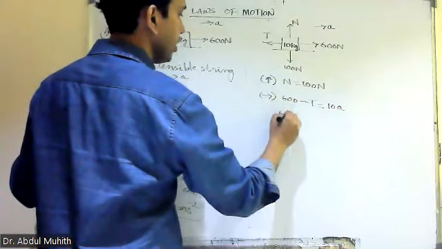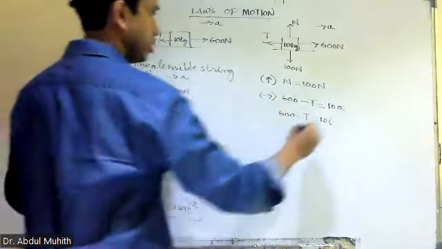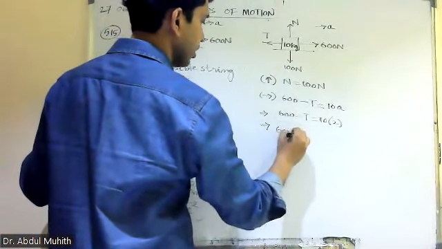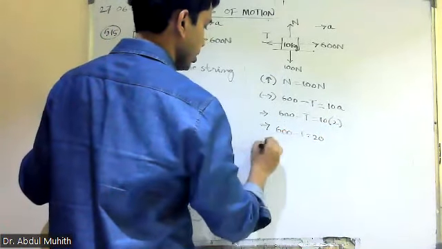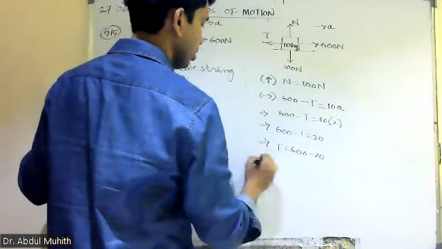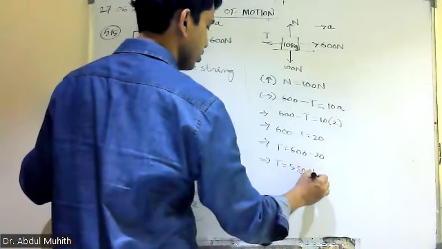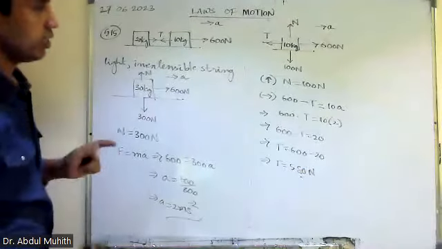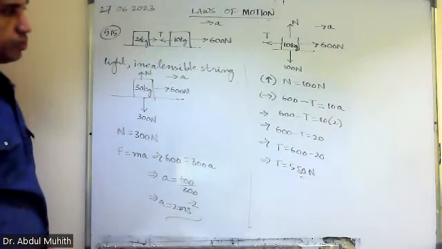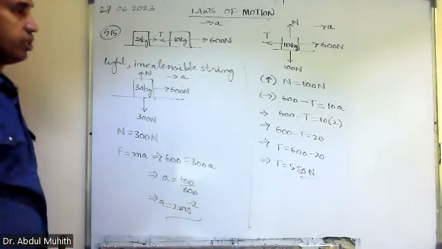This implies 600 minus T equals 10 into a. a is 20, so 600 minus T is equal to 200, and T is equal to 400 Newtons. So that is the tension in the string.